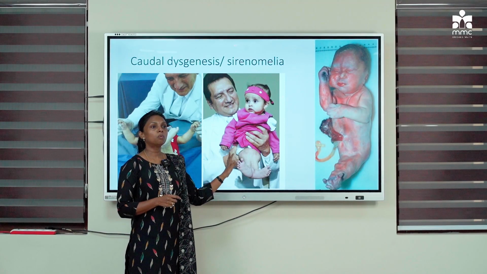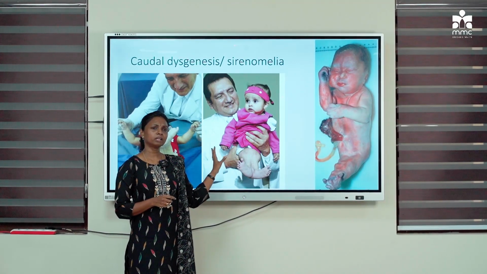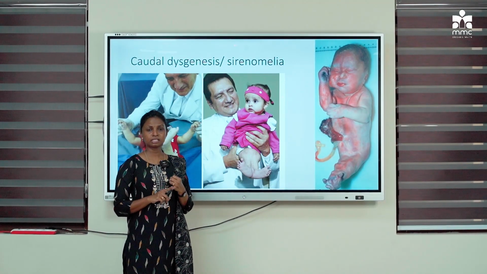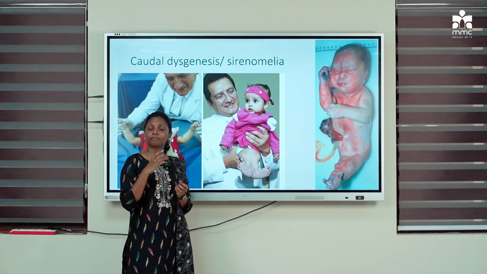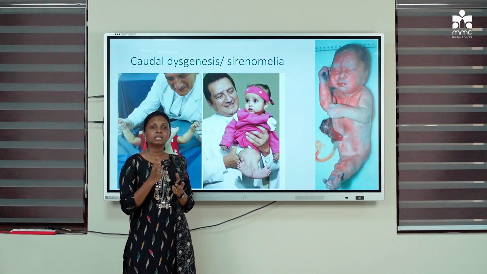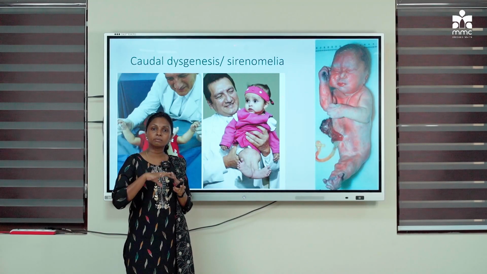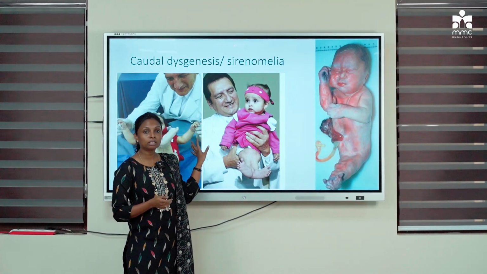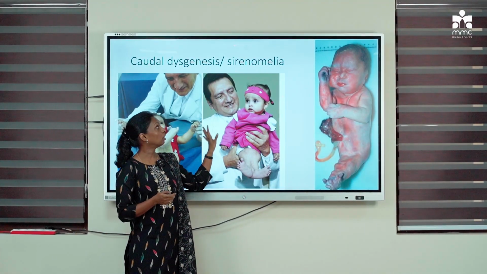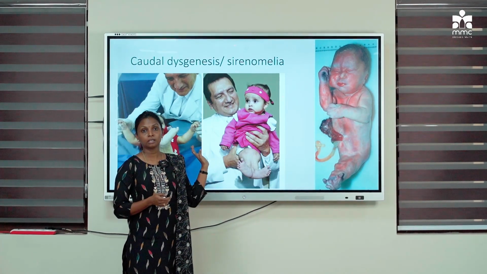Okay. So, now why has this happened? I have told about a few causes. Apart from that, if a smaller number of intraembryonic mesodermal cells are present at the caudal region of the embryonic disc, it will also lead to this condition. Okay.